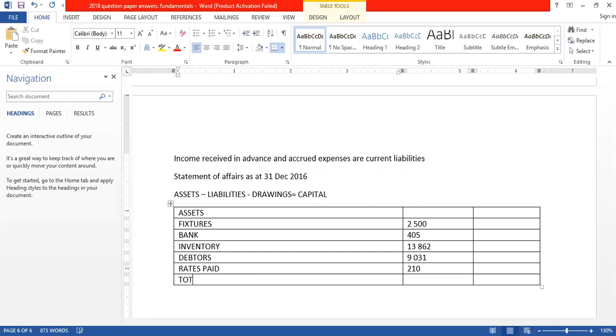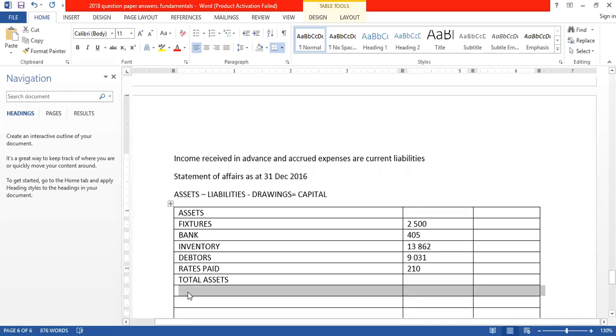Then you get total assets, and then after total assets, we less liabilities. And with liabilities, we only have two liabilities, which is creditors.